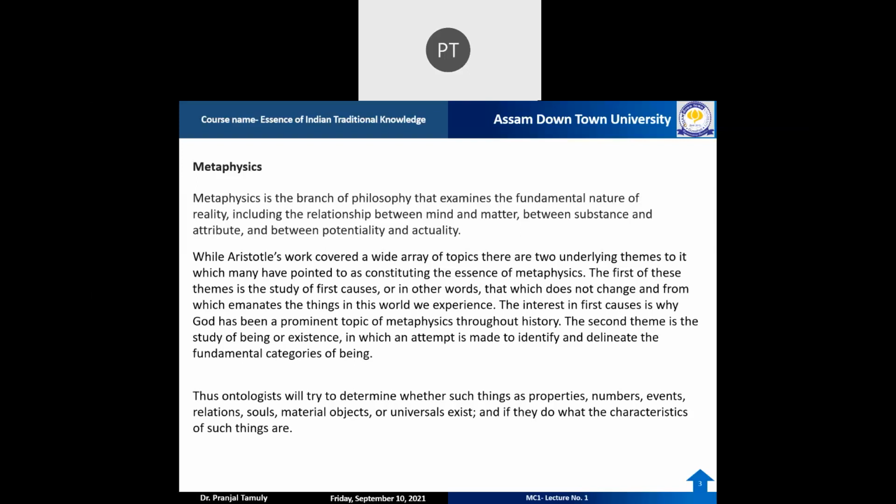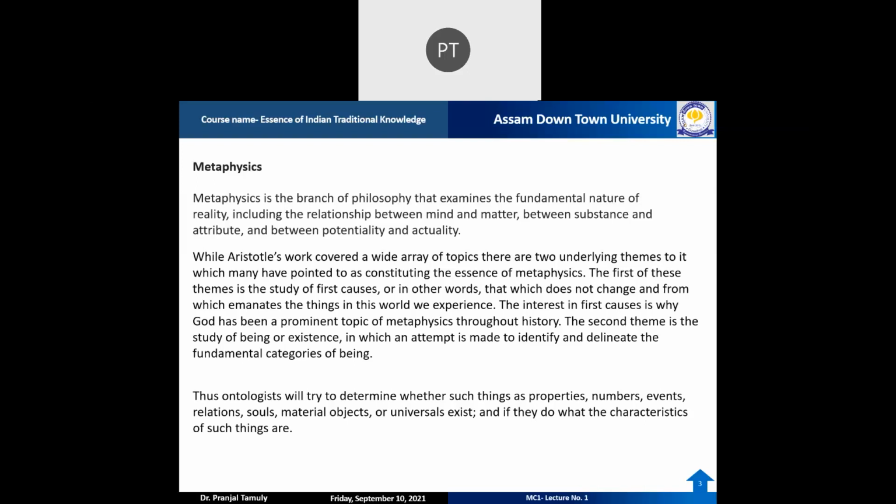The second theme is the study of being, in which an attempt is made to identify the real and delineate the fundamental categories of being. So what does it actually mean? It is the study of the nature of reality, of what exists in the world and how it is ordered. This is the meaning of this whole paragraph.